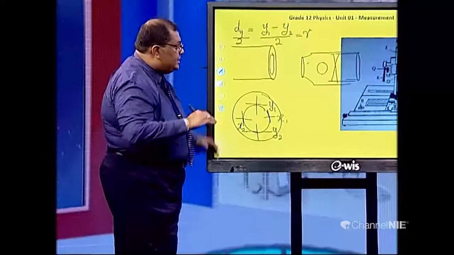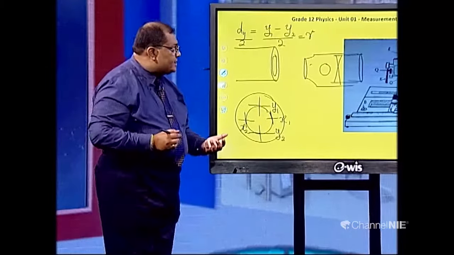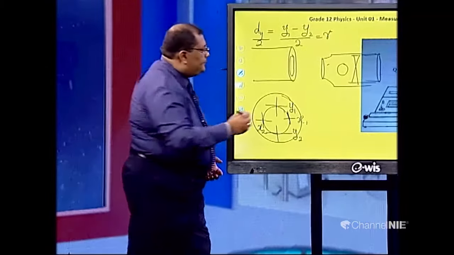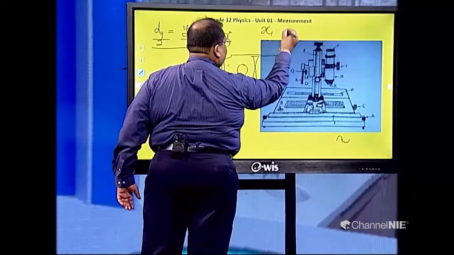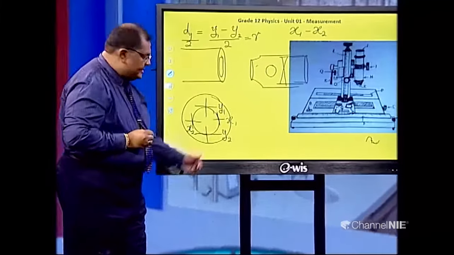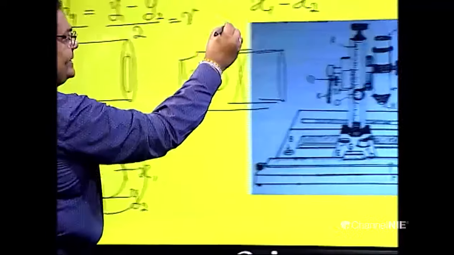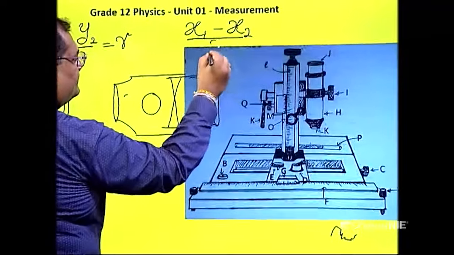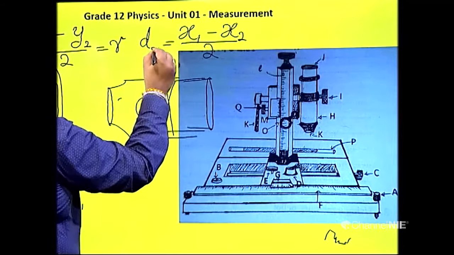Now we can measure the horizontal diameter, dx. The difference of x1 and x2, that is the diameter from here to here, divided by 2 gives the radius. This is the diameter in the horizontal direction.